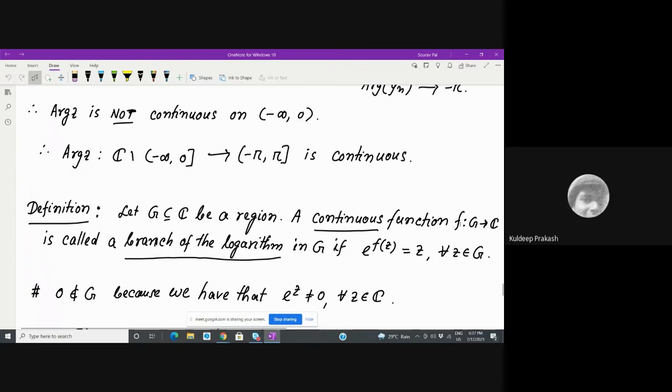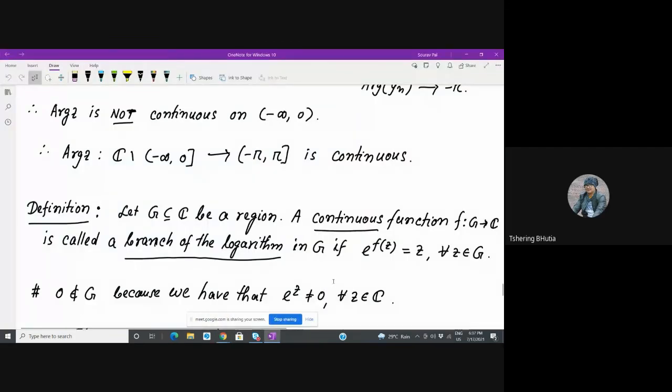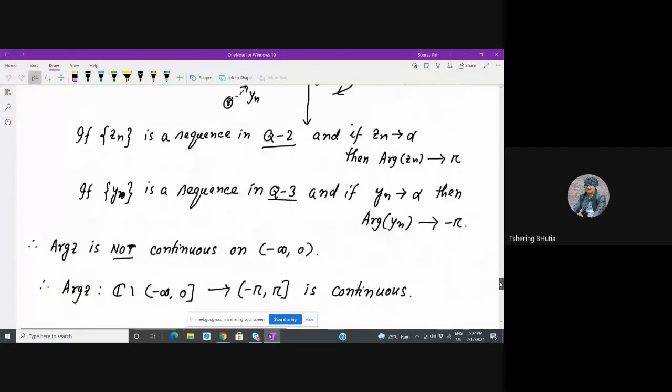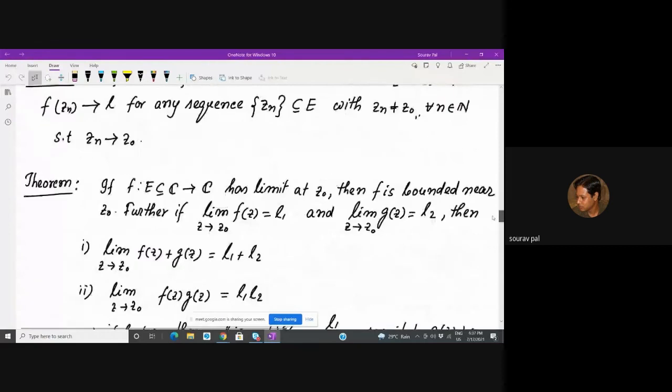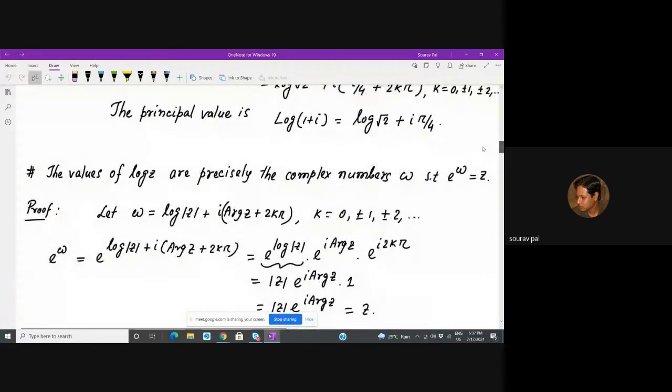So this is the general definition. What is being asked is the following: any function other than the logarithm, can it satisfy e to the f(z) equal to z? The answer is already given, if you just look at the first statement that I made today.